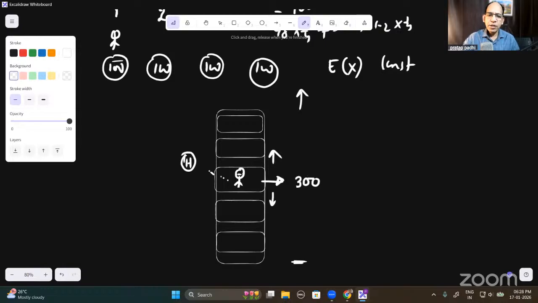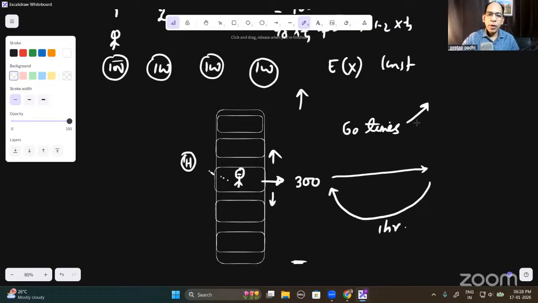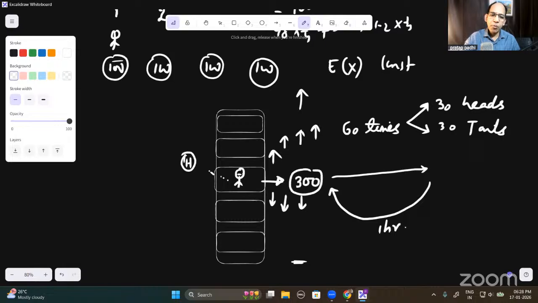You leave this place and you come back after 1 hour. 1 hour means he must have tossed 60 times. Because the probabilities are equal, we are talking about a symmetric simple random walk. So he must have got 30 heads. He must have gone up 30 times and down 30 times, so they cancel. He is at the same position.